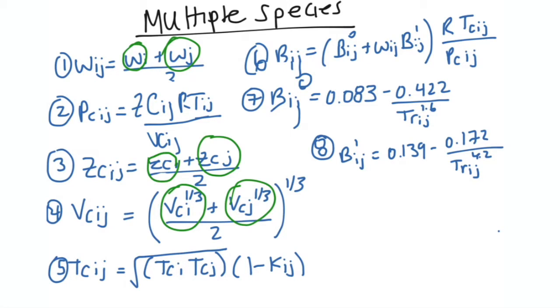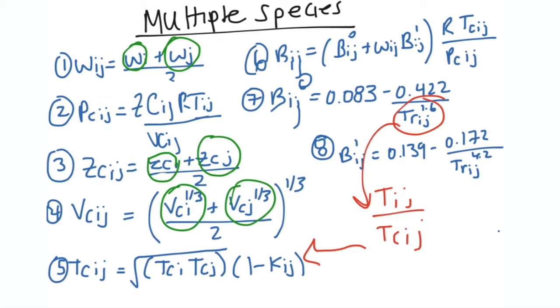And then for number 5, you're going to be saying, okay, how do I get my T critical of species I and J to get my T reduced? So here you're going to see your T reduced. We know T reduced is T over T critical IJ. So to get your T critical IJ, you're going to do this equation number 5, okay?